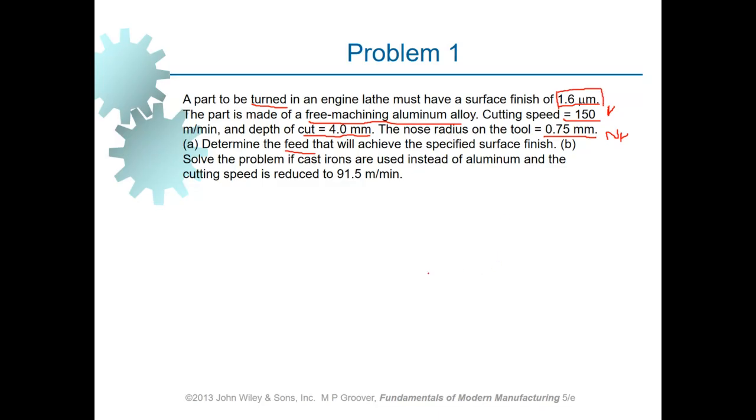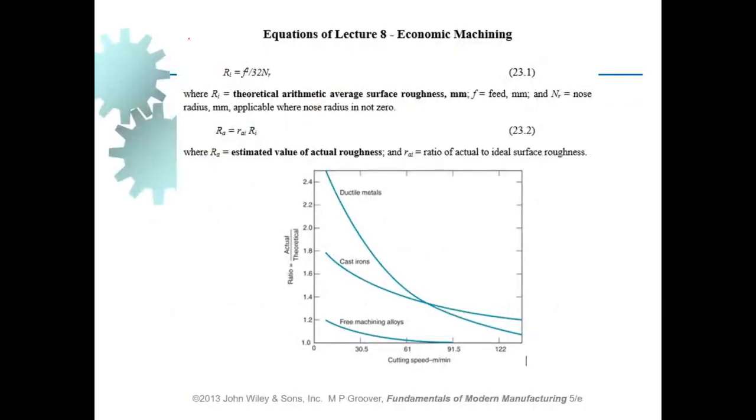In order to determine the value of feed, what we need to do is to make use of the two equations given in this slide here. Well, first we compute the value of Ri from here, and once Ri is given and NR is given, we compute the value of feed from here.